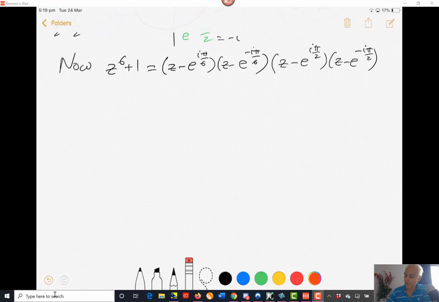And two more factors of z minus e to the i 5 pi on 6 and z minus e to the minus i 5 pi on 6.